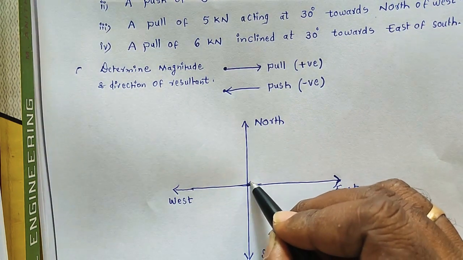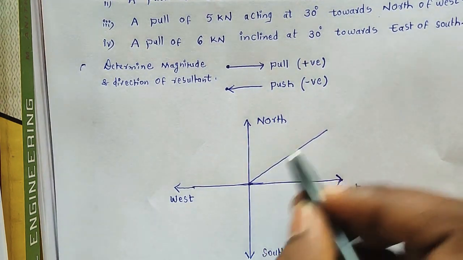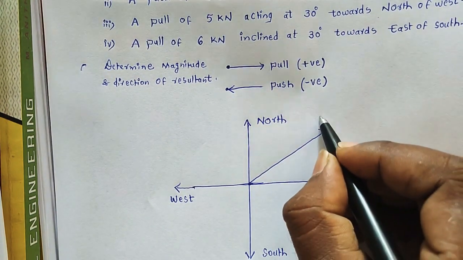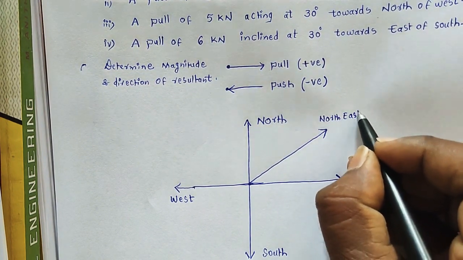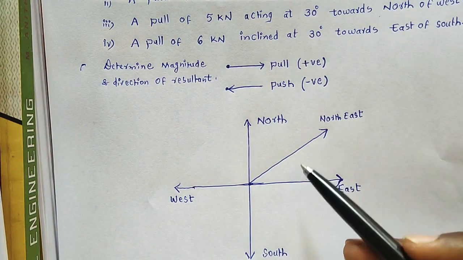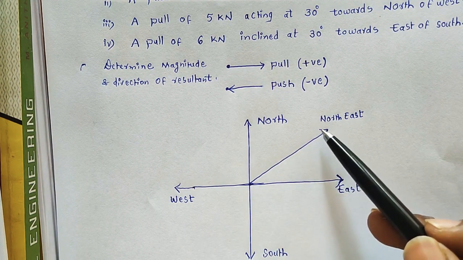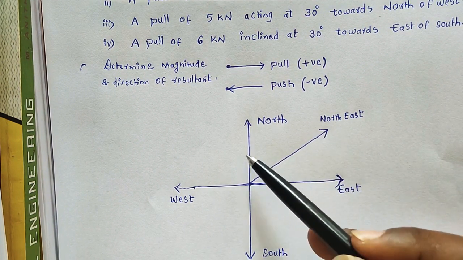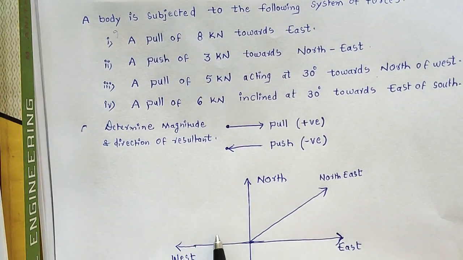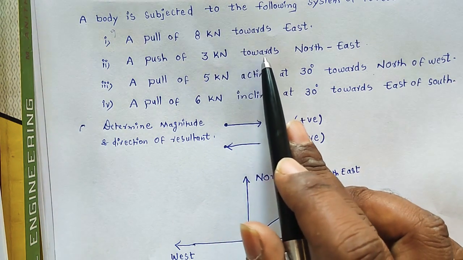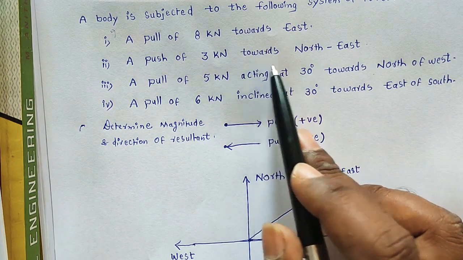So if in the problem it has been given that northeast, it means a force is acting exactly in the middle way between north and east. In the problem, a push of 3 kilonewton is acting towards northeast. Here he didn't mention any angle.